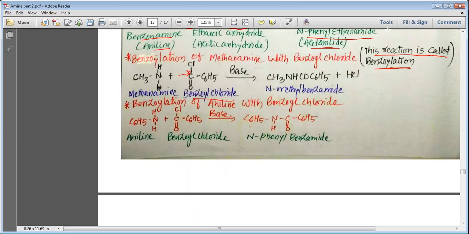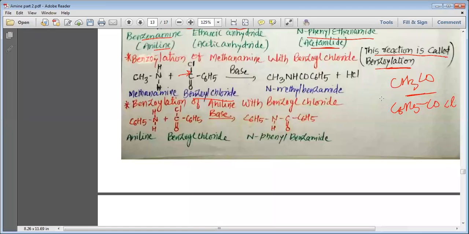Initially, it was called acetylation because the acetyl group was involved as an attacking reagent, but now we have the C6H5CO group, or we use C6H5COCl, benzoyl chloride, for the attack. This reaction is known as benzoylation.